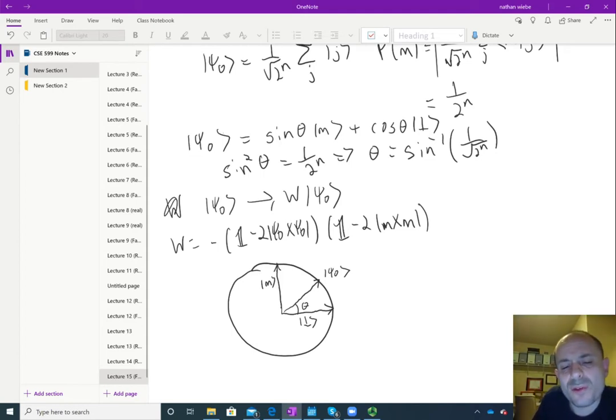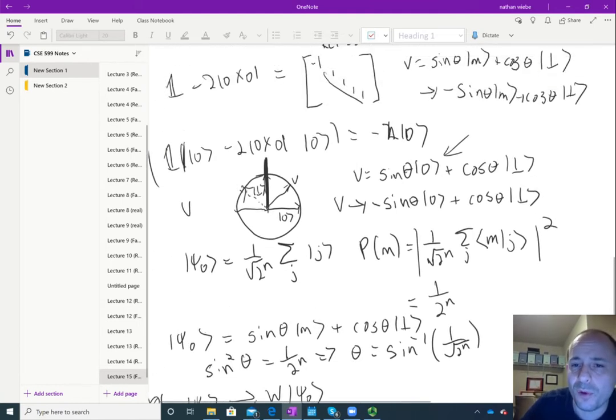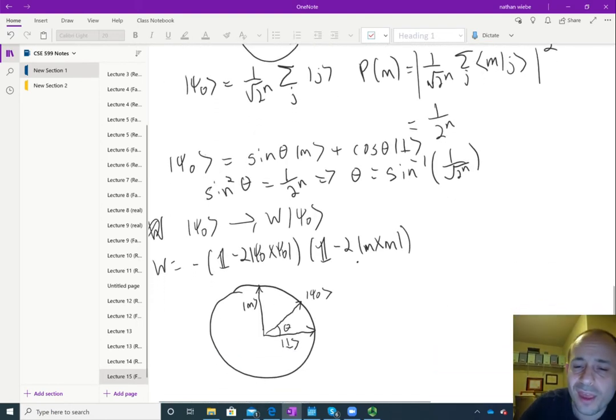So the very first step we do is we carry out this operation. Now, as mentioned before, what this operation does is it flips the component of the vector pointed in the m direction. So it does a reflection about this axis. So, reflecting about that axis, we end up translating to a state down here.